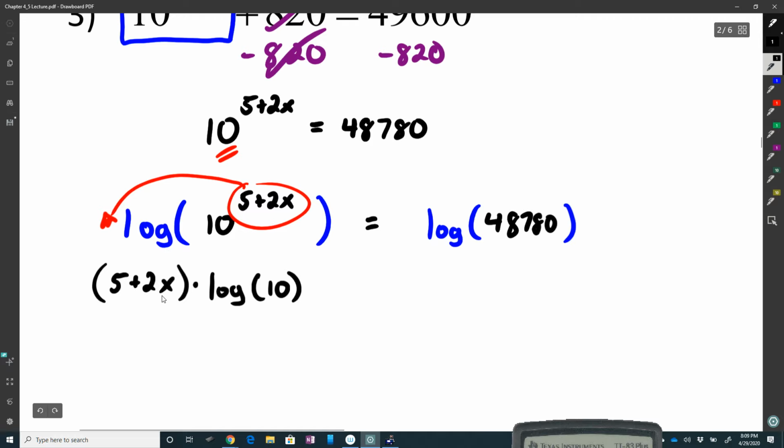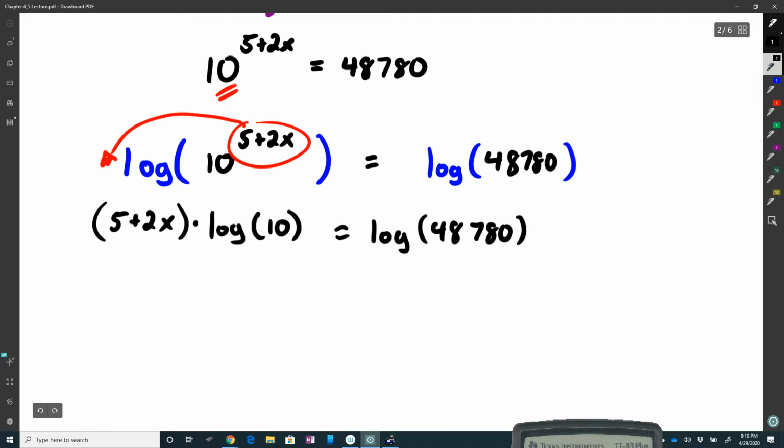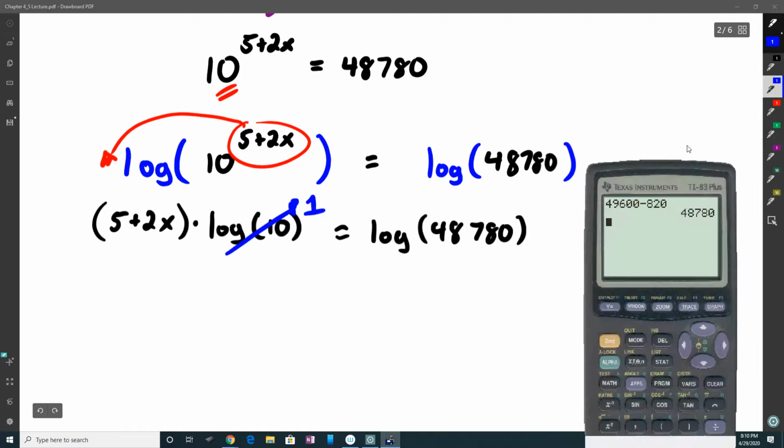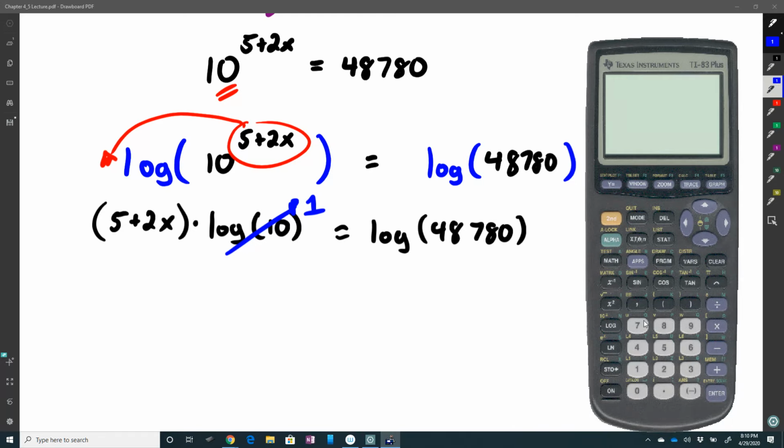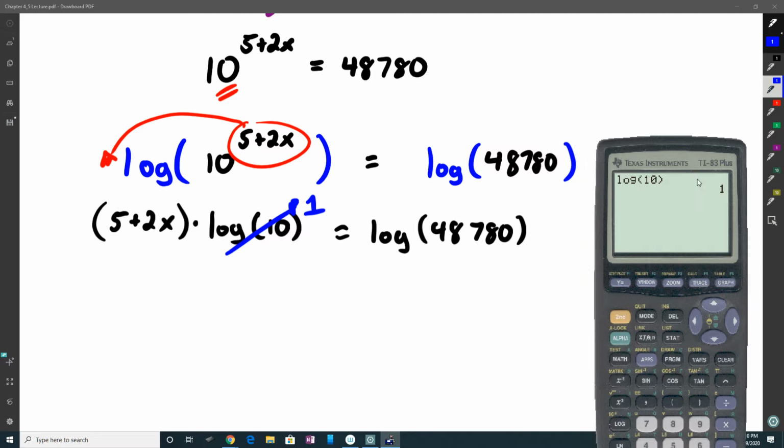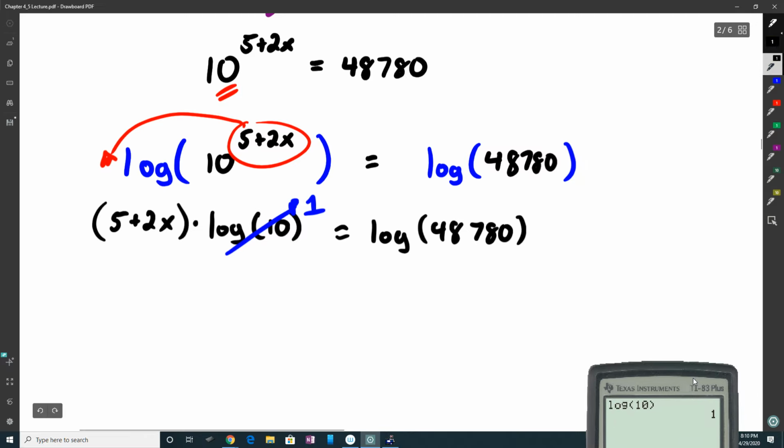You have to put it in parentheses. I have no idea what that number is. Okay, but log of 10 is just 1. You can even type it in on your calculator. Log of 10. So I have 5 plus 2x is equal to log of that ginormous number.